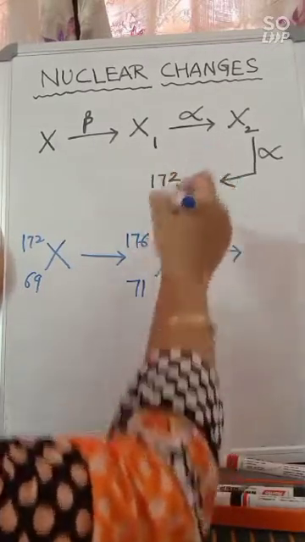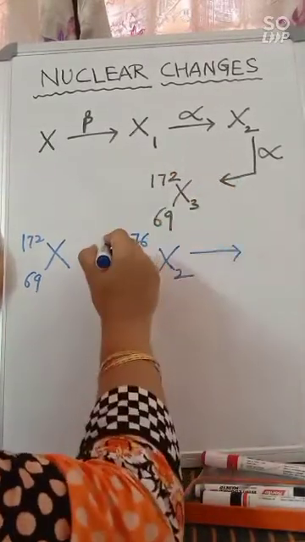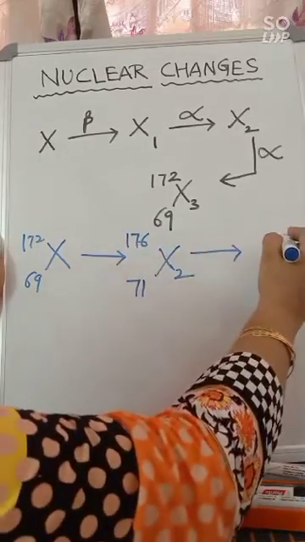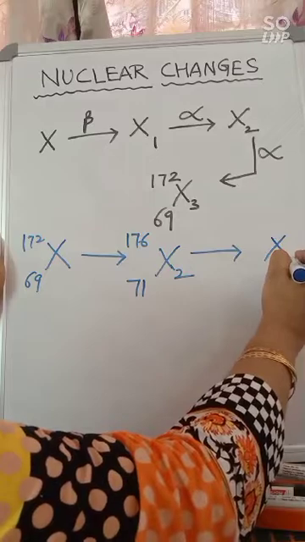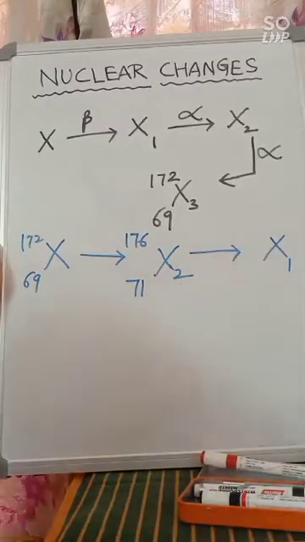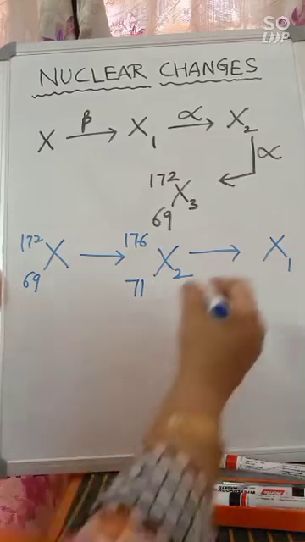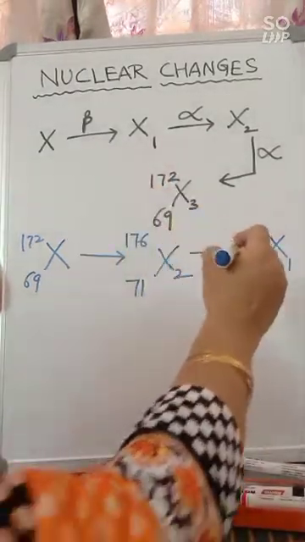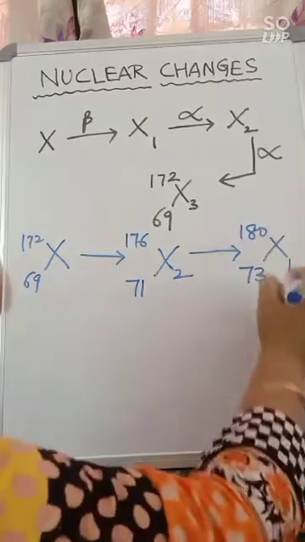Next is again alpha, this was alpha, right? This is your X1. Again, if alpha emission would not have happened, the atomic number would not have reduced by 2 and mass number would not have reduced by 4.